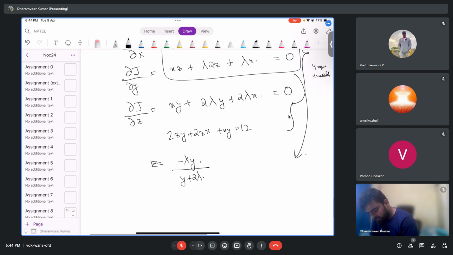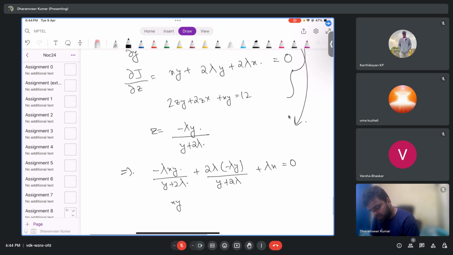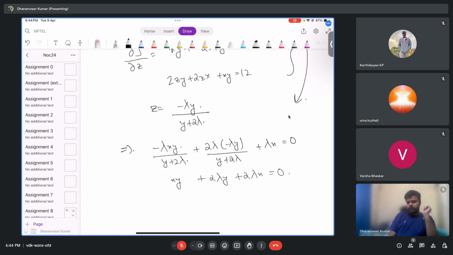That implies minus lambda xy over y plus 2 lambda, it is xz, plus 2 lambda into minus lambda y over y plus 2 lambda plus lambda x is equal to 0. And then we also have xy plus 2 lambda y plus 2 lambda x equal to 0. Now, there's an easier method to do this. One second, let me see.